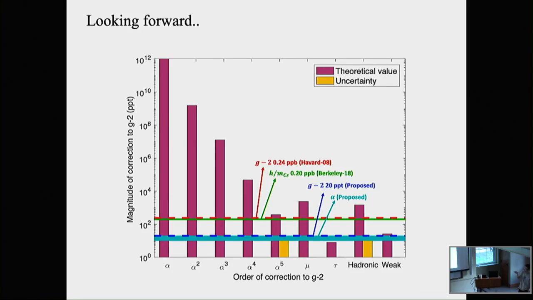The comparison now reaches the accuracy of the fifth order QED contribution and the hadronic contribution. With 10 times better g-2 and alpha measurements, we are going to see the uncertainty of this fifth order QED contribution, and we are also going to be able to measure the weak contribution for the first time.